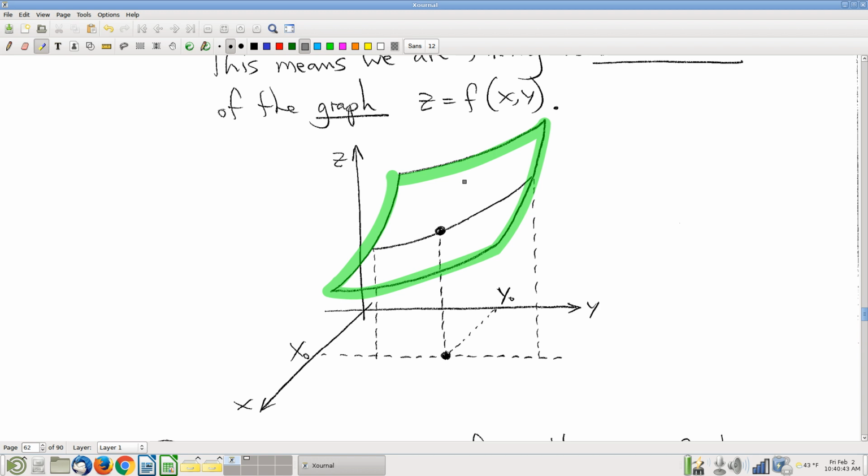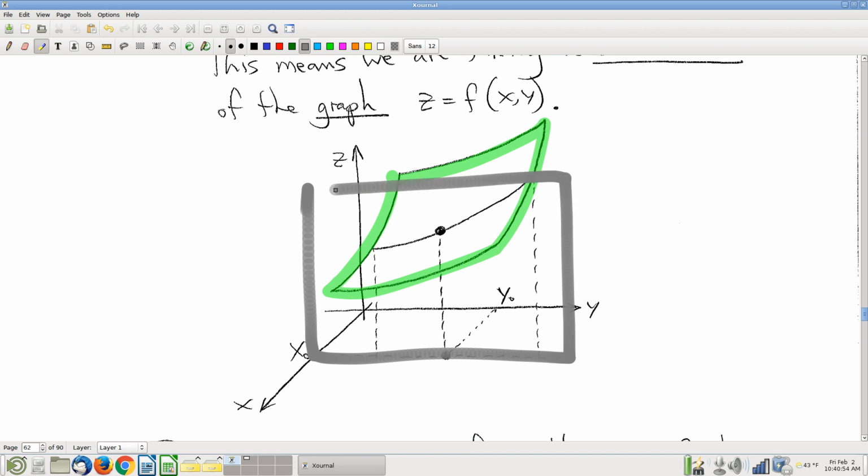And x equals a constant is a plane. It's a plane in this world where, let's see if I can draw this decently well. It's a plane where, it's sort of like this. I'm just trying to connect the pictures to each other. It's a vertical plane perpendicular to the x-axis.